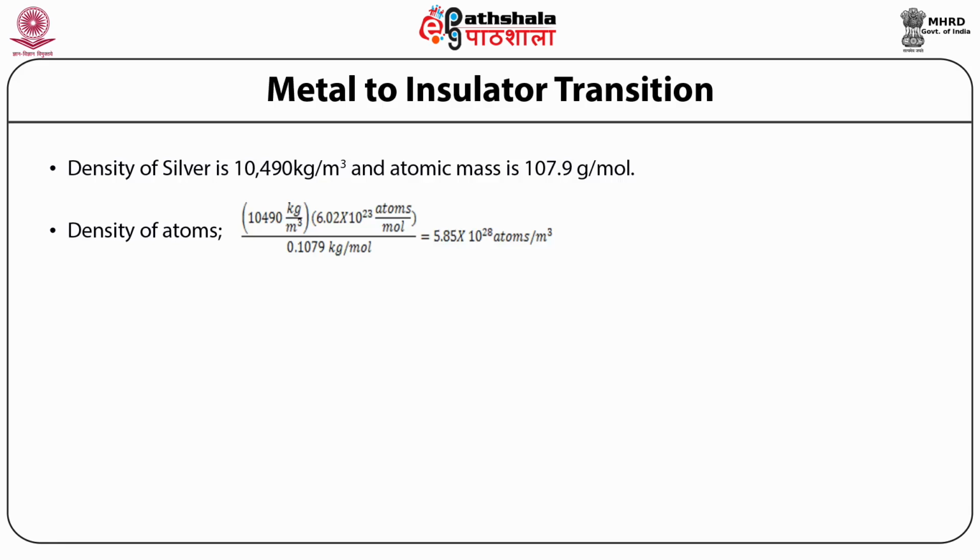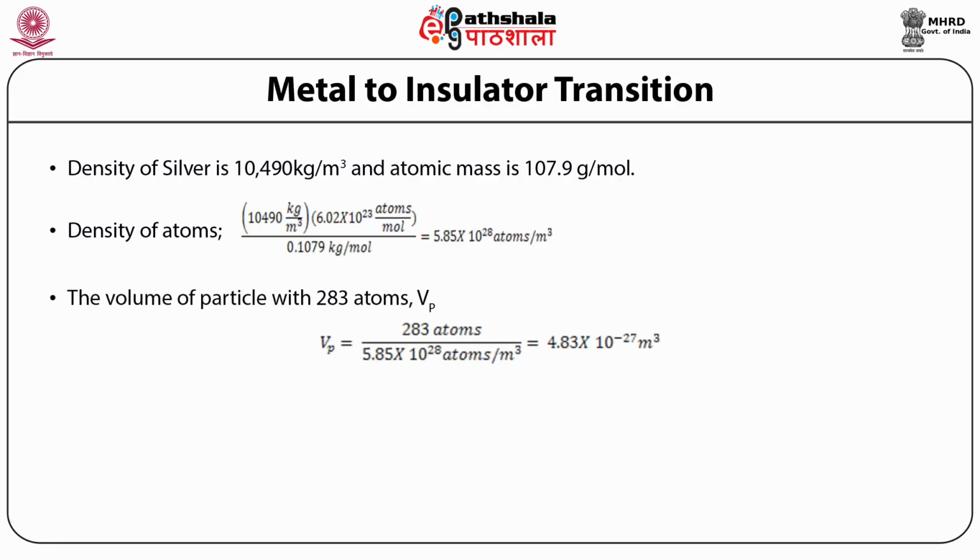Now the volume of particle with 283 atoms is Vp, which is equal to 283 atoms divided by 5.85 multiplied by 10 to the power 28 atoms per meter cube. This is equal to 4.83 multiplied by 10 to the power minus 27 meter cube.